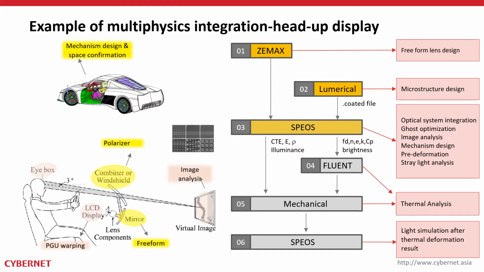And in order to validate the designs, we will import this data into SPEOS where we can do various image analysis. Lighting generates heat and risk of thermal deformation, and we can further couple with Fluent and Mechanical for thermal analysis. Finally, considering the thermal deformation result, we can import the data back into SPEOS to run the light simulations again.